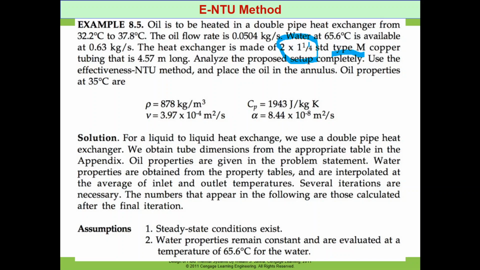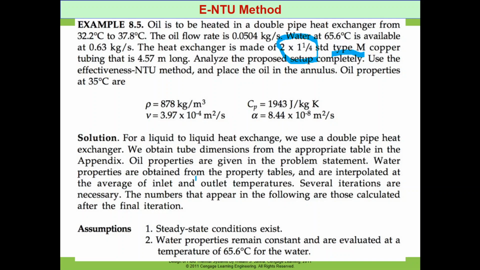So this kind of specification, you see, is basically the outer pipe is 2 standard and the inner pipe is 1 1/4 standard and type M. So basically this is the specification for a combination of a heat exchanger, and the tubing is 4.57 meters long. Analyze the proposed setup completely, use the effectiveness NTU method, and place the oil in the annulus, with oil properties at 35 degrees Celsius. Okay.